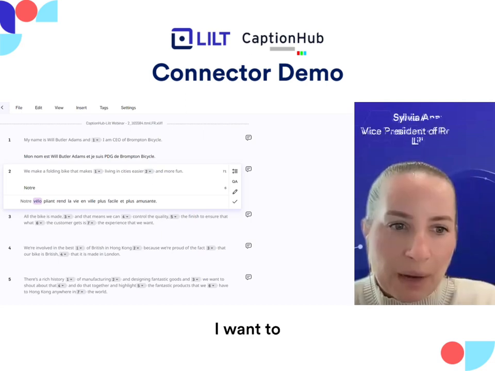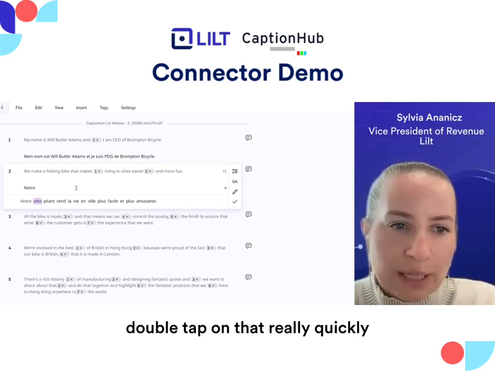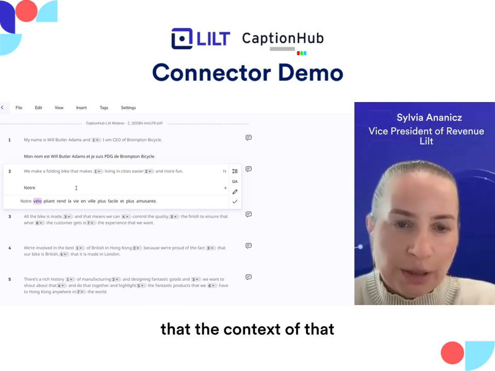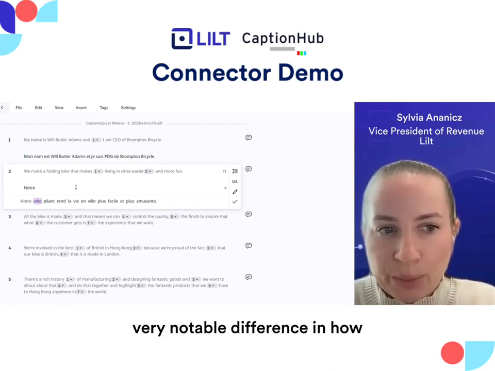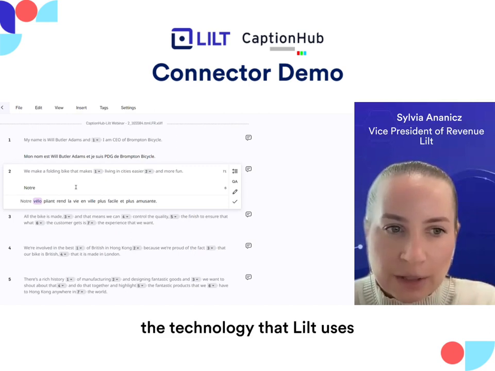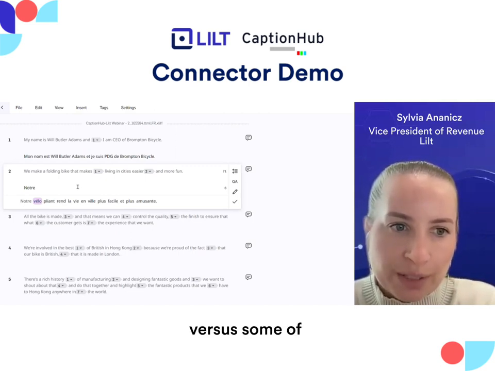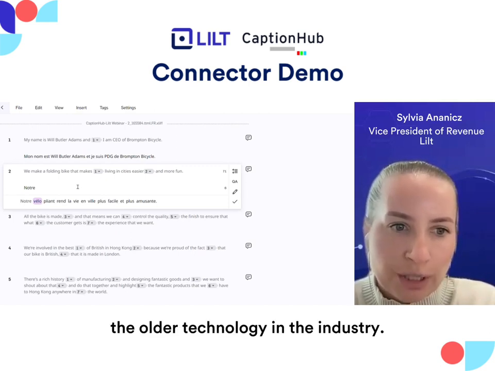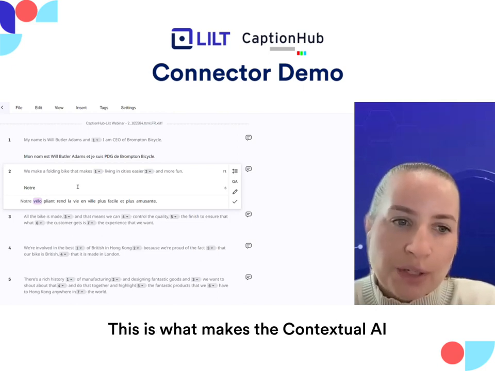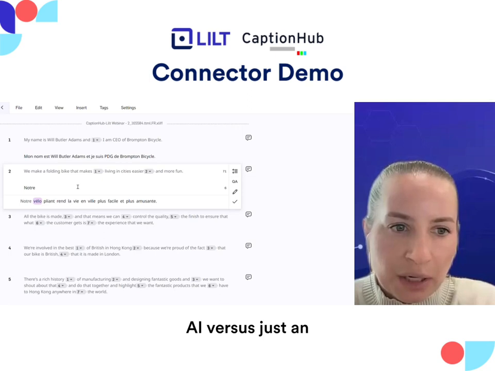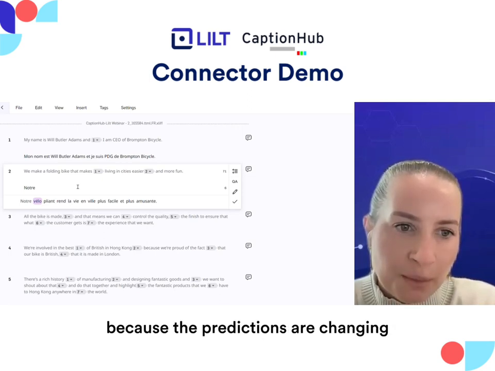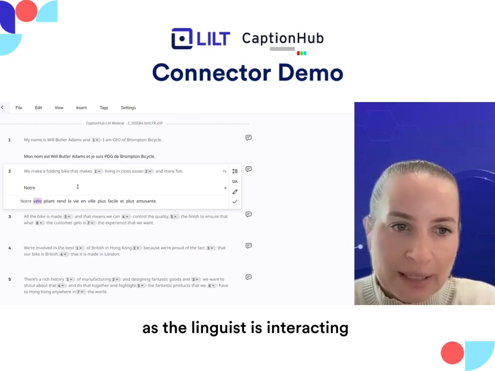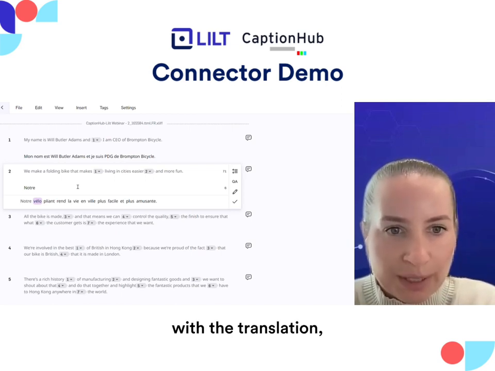Yeah, and I want to double tap on that really quickly and make sure that the context of that really resonates with everyone, because this is a very notable difference in the technology that Lilt uses versus some of the older technology in the industry. So this is what makes it contextual AI versus just an MT translation from the past, because the predictions are changing as the linguist is interacting with the translation.